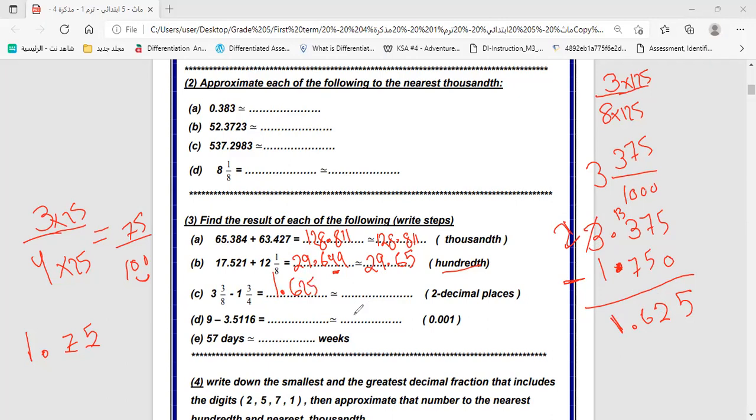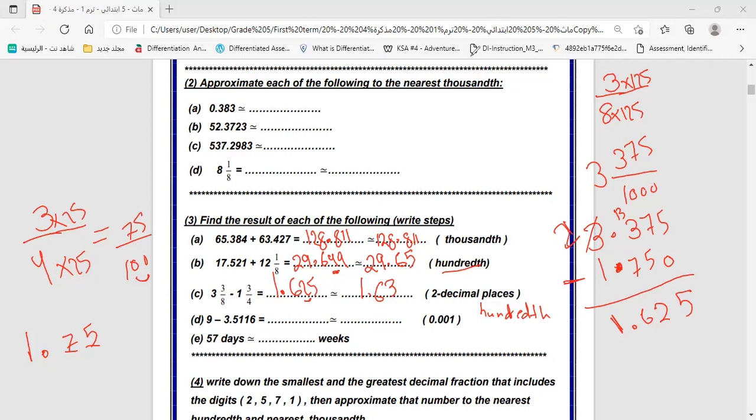But if you want to approximate it to decimal places, means hundredths. Okay, so here it means I approximate it to the nearest hundredth. Tenth, hundredths, 5 is a strong, so it will add 1 to the 2, so the answer will be 1.63.